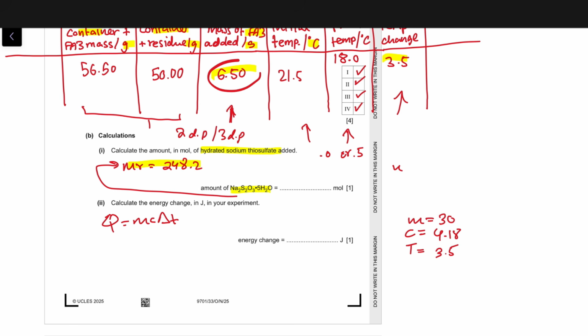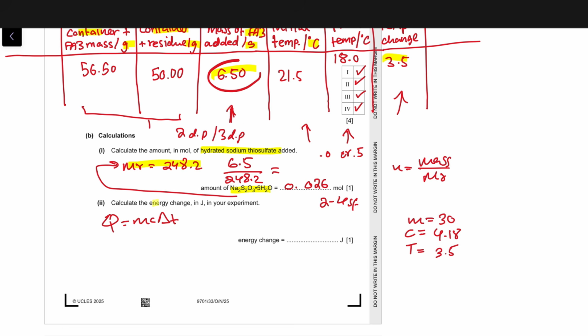So as you know, the number of moles is equal to the mass divided by the Mr. So to find the number of moles, we just do 6.5 divided by 248.2, which would give us 0.026 moles to the nearest 2 significant figures. 2 to 4 significant figures is accepted.